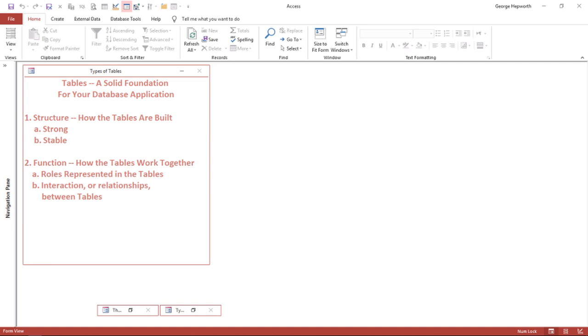Customer located at, that's the relationship description, is located at, and then the address. So as we're building our tables, we also have to keep in mind that they need to relate to one another. We need to design our tables in such a way that it supports those relationships and in turn makes them stable and strong.